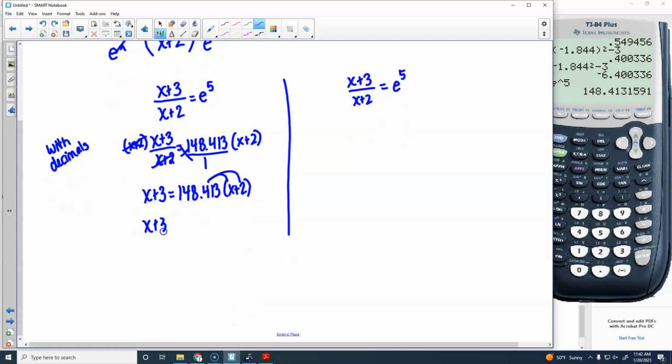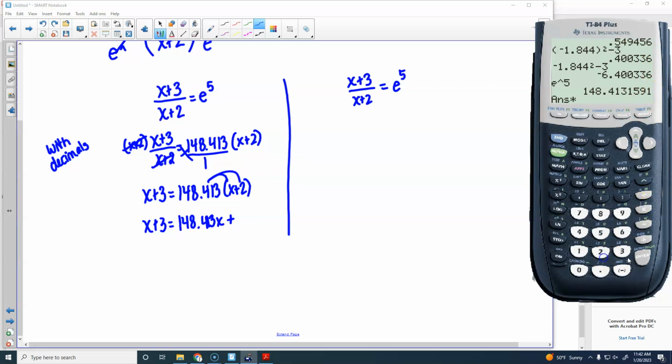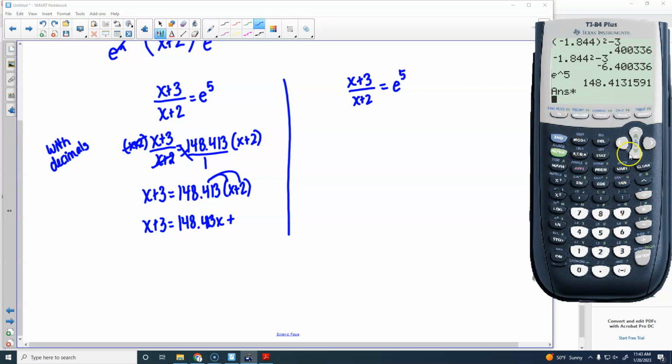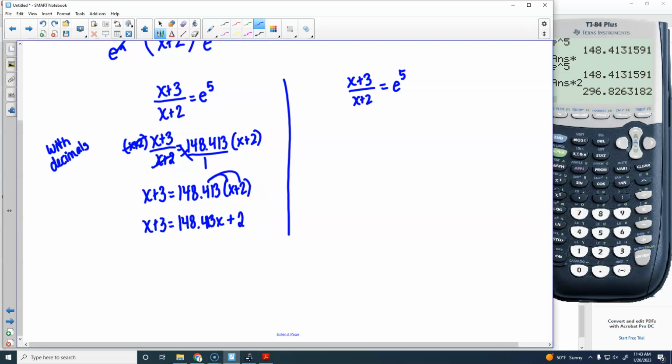So x plus 3 will equal 148.413x plus, notice I'm using my number in the calculator and multiplying it by 2 instead of that rounded value. I'm doing it right though. So 296.826.